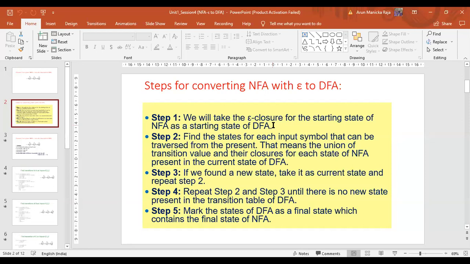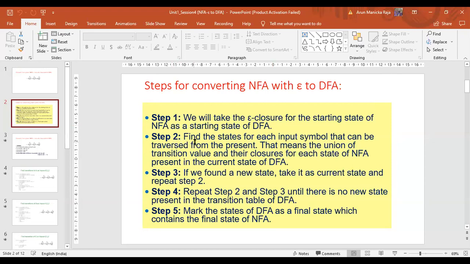In the previous problem we took just the initial state only, but here we have to find the epsilon closure of the initial state and take those states as the initial state for the DFA. This is the first step.